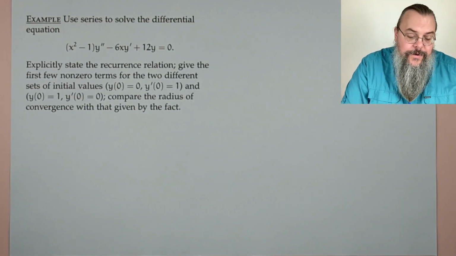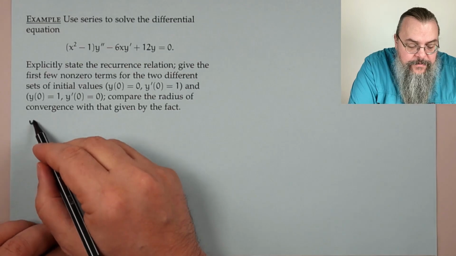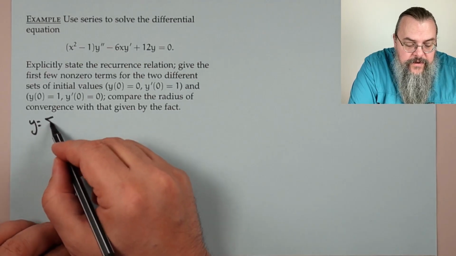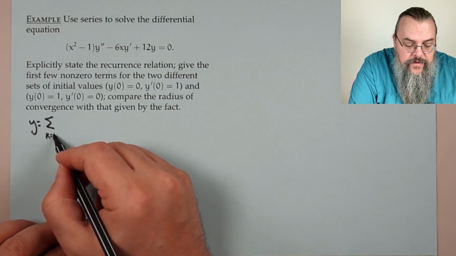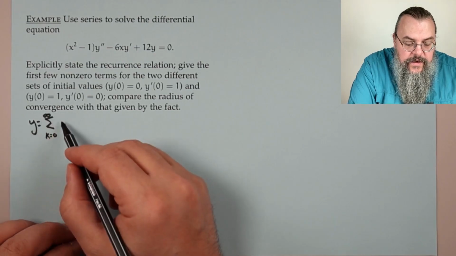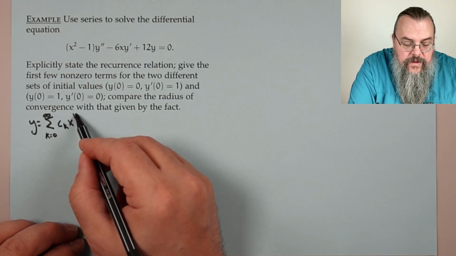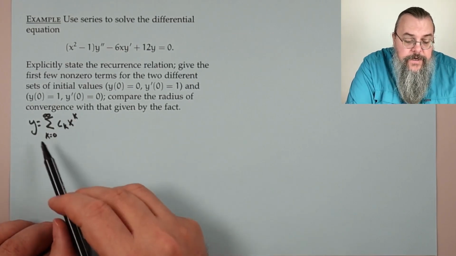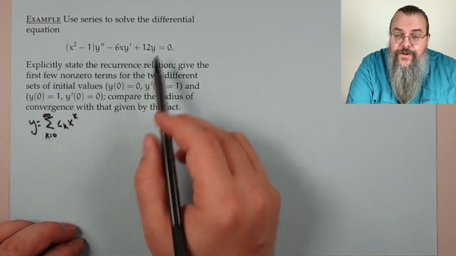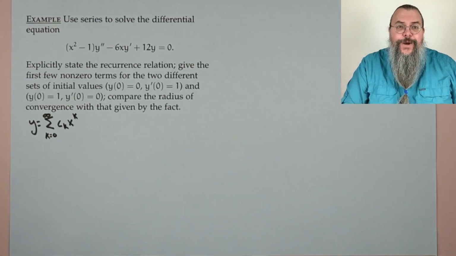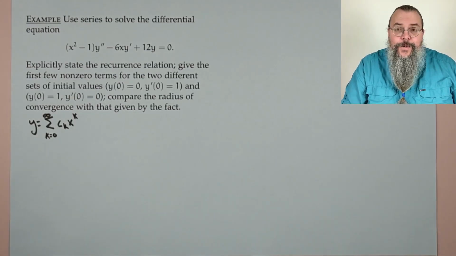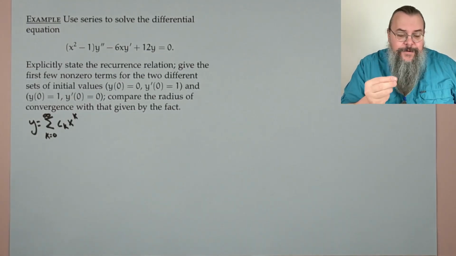So we're starting this by saying, well, let's think of y as a series. So sum 0 to infinity of c k x to the k. And now we're going to plug this into our differential equation. Well, actually, we're almost going to do that. We're going to make one little tweak.